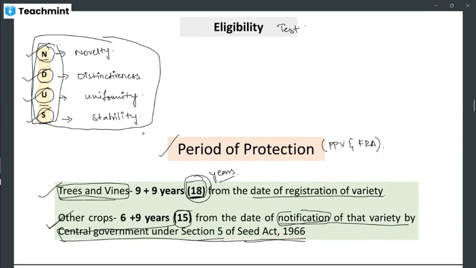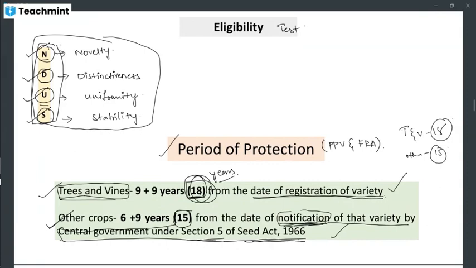But in case of trees and vines, it is 18 years from the date of registration of the variety. Please do note this down.